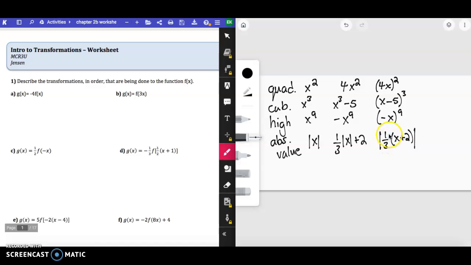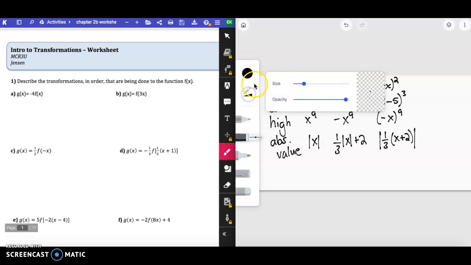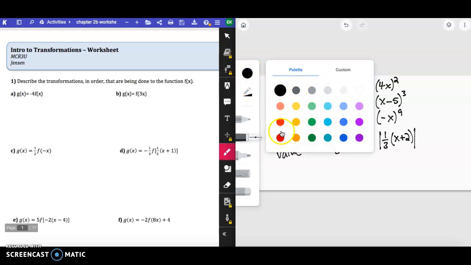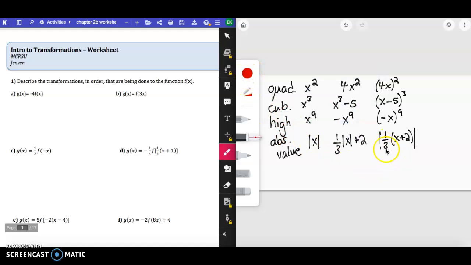Okay. Typically, this is kind of an important detail, but if you have a horizontal stretch or shrink happening, so let's say that you're multiplying by some value c, and then you also have left or right. The left or right part goes in parentheses, so it'd be x plus or minus some number d.